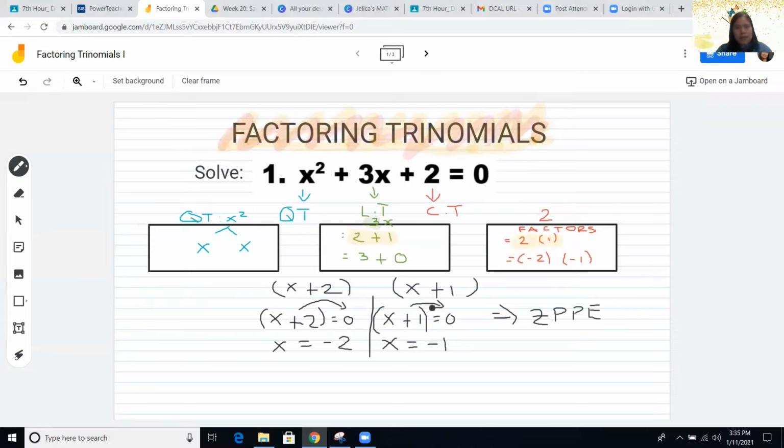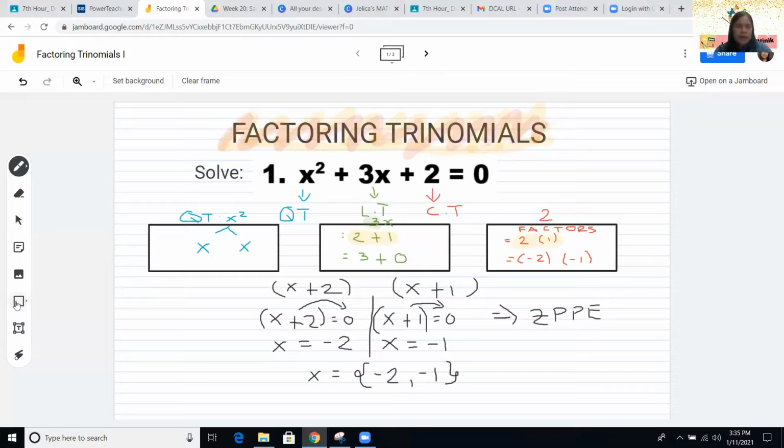Don't forget it. That's the rule. When it crosses the equal sign, you switch the sign. From positive, it becomes negative, and vice versa. From negative, it becomes positive. And those now are the x-intercepts or the zeros. Or you may also write your answer in bracket format. So we have negative 2 and negative 1. Don't forget the comma. That is very important.